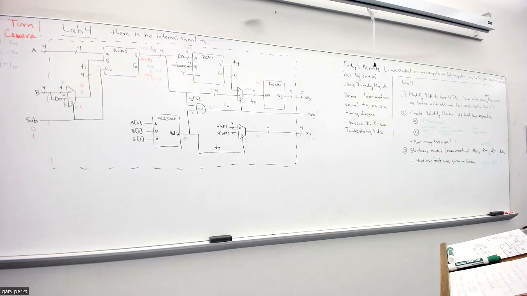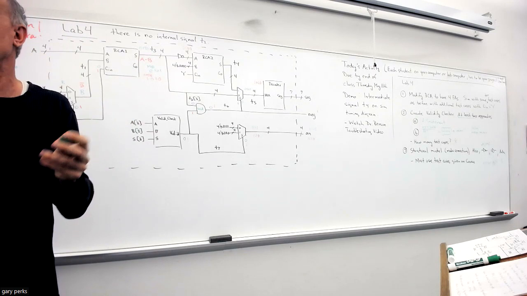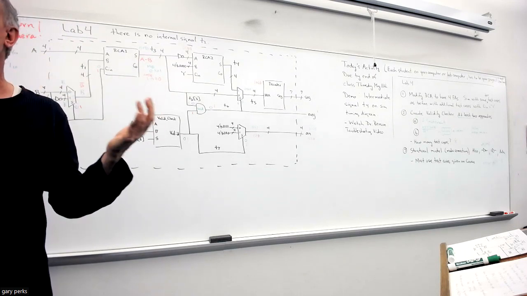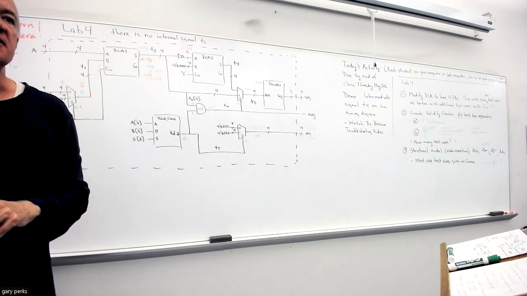See, the carry out is this bit that's to the left of the sum bit, and this is your sum output right here. So the carry out is the bit to the left of the sign bit, which we don't care about. So that's an example of sometimes you have an output of some device, and based on what you're doing, you don't care. So that's why it's not connected.